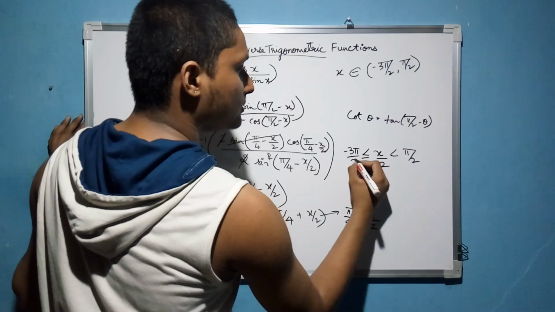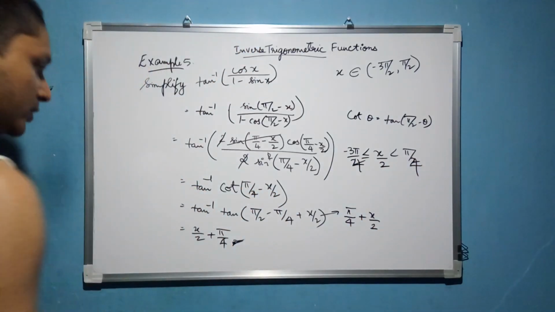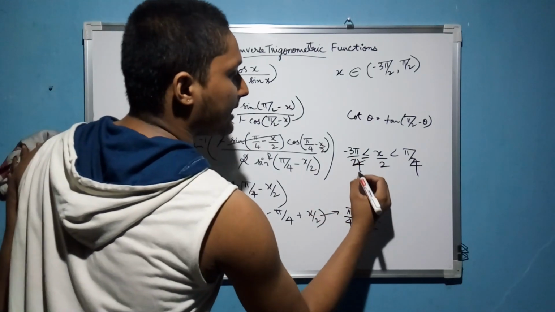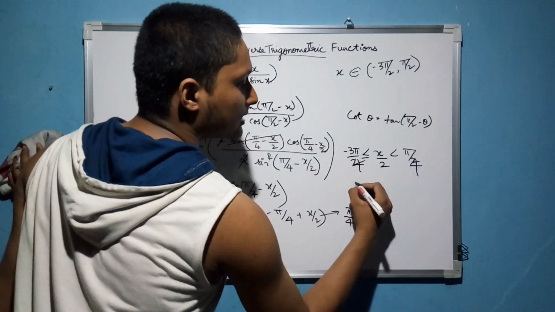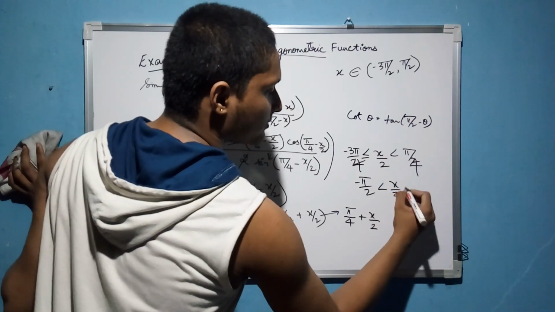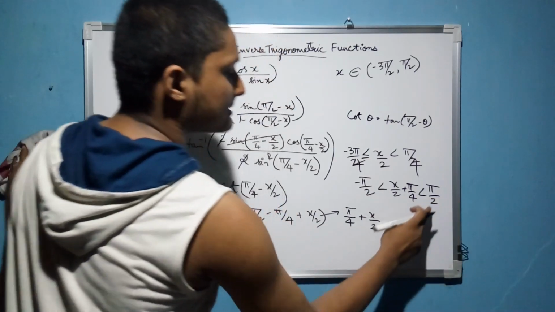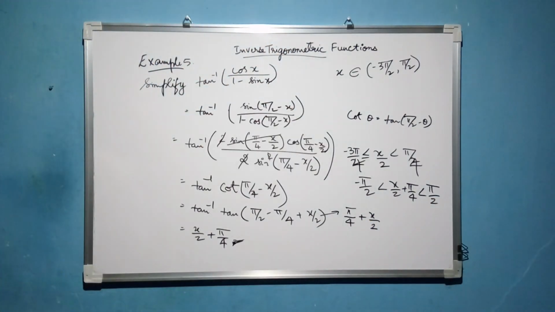I'll divide by 2, this comes to be 4 and this also comes to be 4. I'll add pi by 4 on both sides. So if I add pi by 4 on both sides, this becomes minus pi by 2 and this becomes pi by 2 as I added. So this is coming in the tan inverse, that is the principal value branch of the tan inverse function.